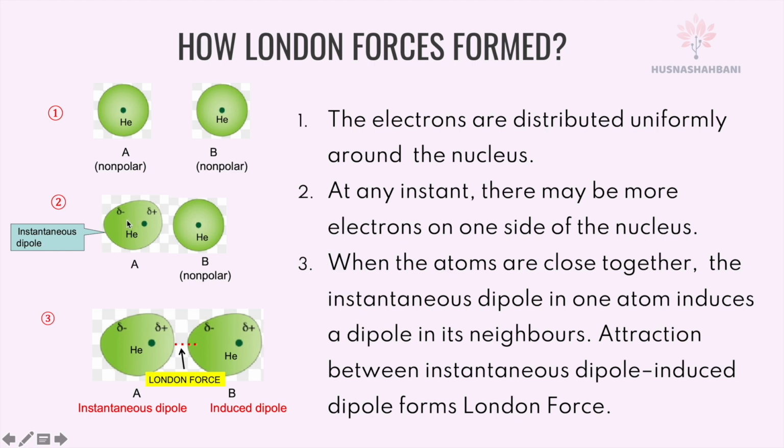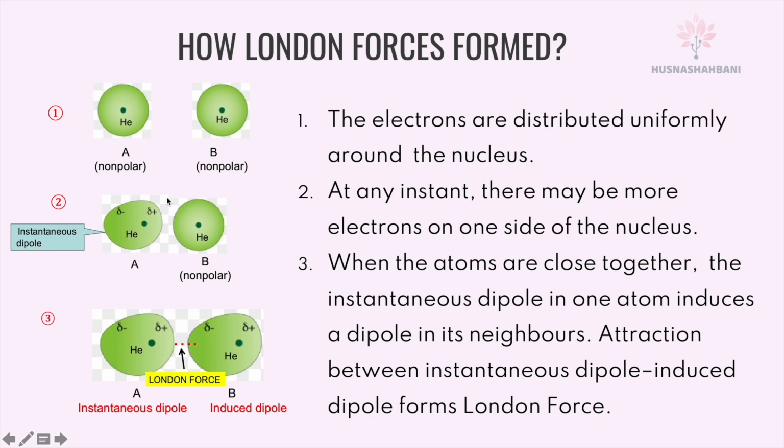Electrons may be more on the left than on the right. That's what we call an instantaneous dipole. When the atoms are close together, the instantaneous dipole in one atom induces a dipole in its neighbor.